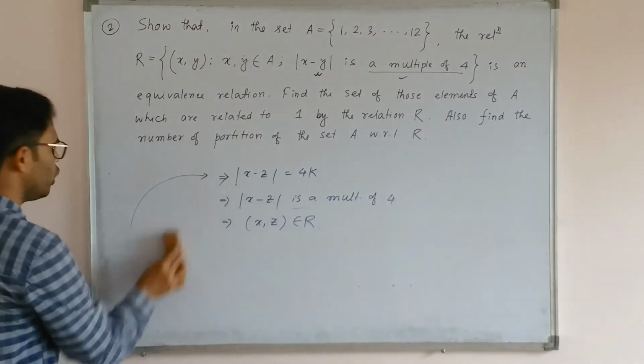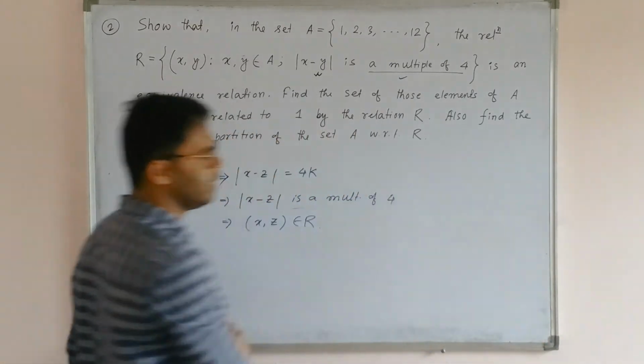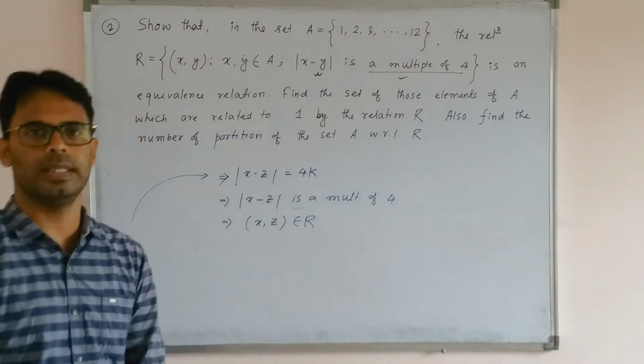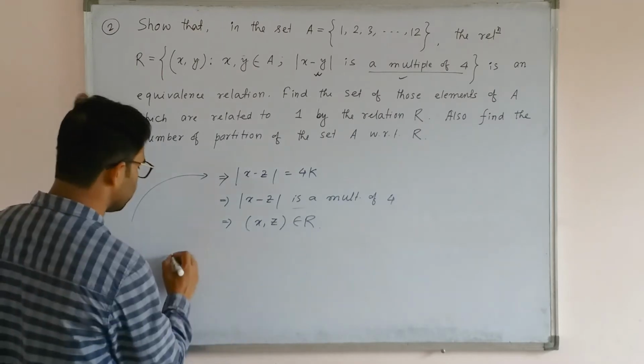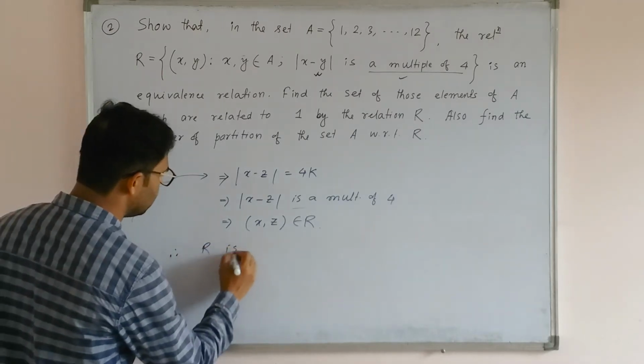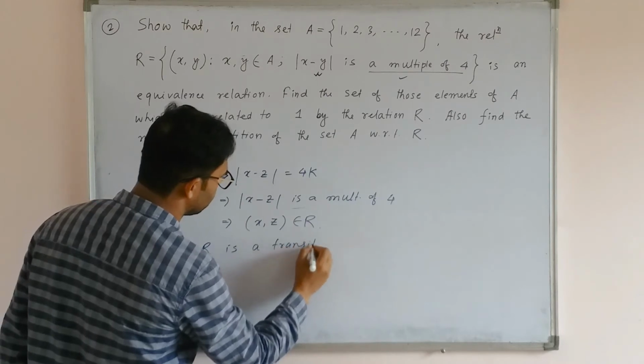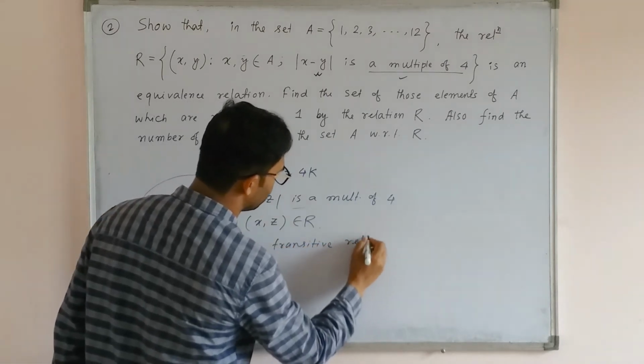So our supposition was xy and yz are in R, and finally we have seen that xz is also in R. So therefore you can say R is a transitive relation.